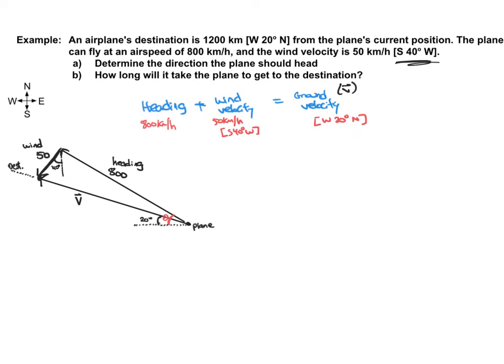So it's going to be something that's bigger than 20 degrees based on this diagram. And I'm also asked to find how long the plane will take to get to the destination. So that's a time. I'm going to have to find out the overall velocity in order to eventually find out the time. So I need to use geometry using this triangle here to try to find out that missing angle and this missing side.